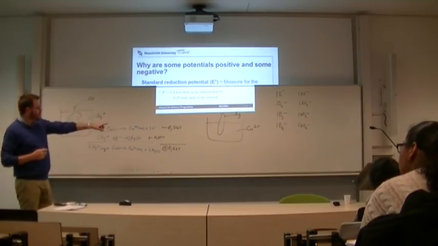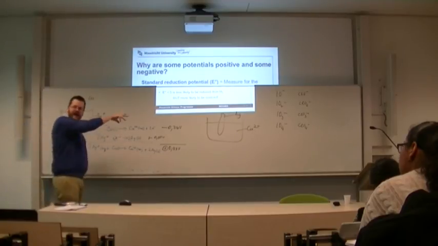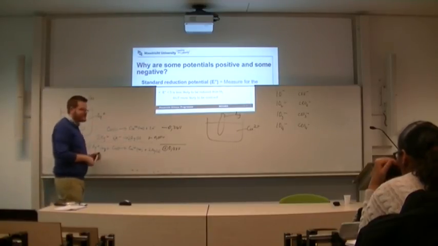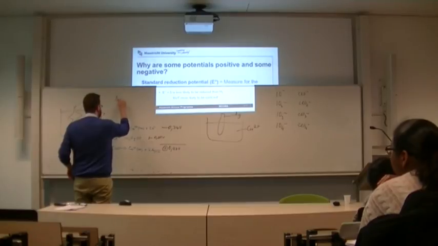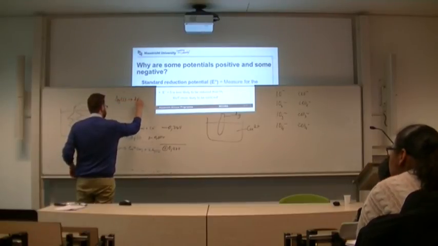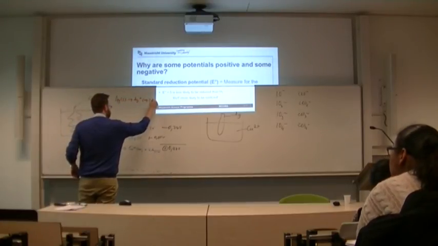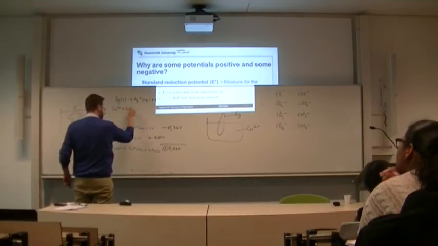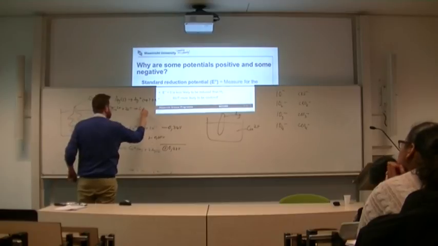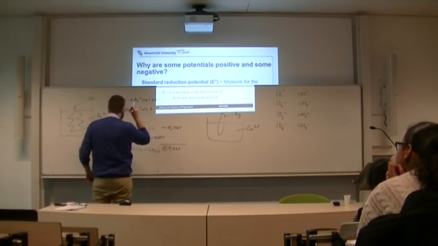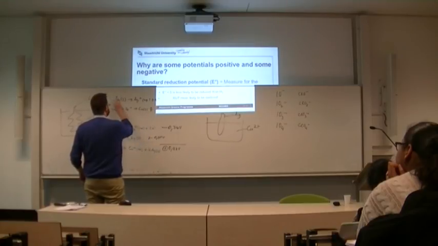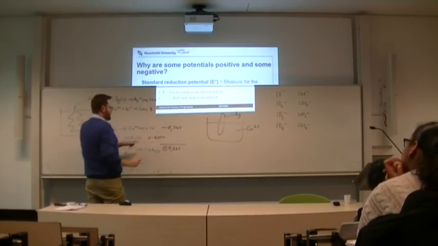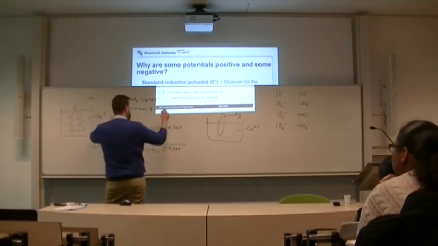Because if I write down the half reactions, the expected half reactions there, it would be Ag solid goes to form Ag plus an electron, and copper 2 plus 2 electrons. It's basically the inverse, isn't it, of what I have here. And because it's the inverse, basically the signs are inverted.